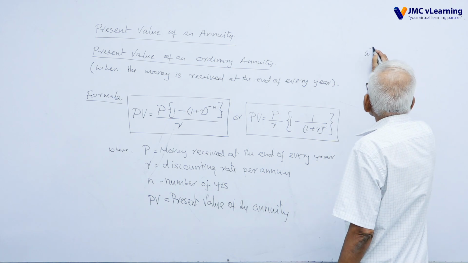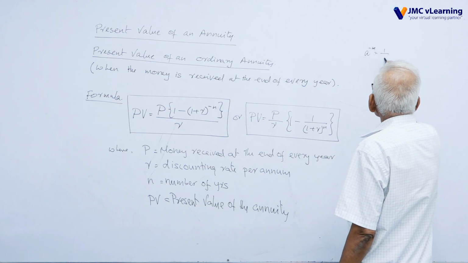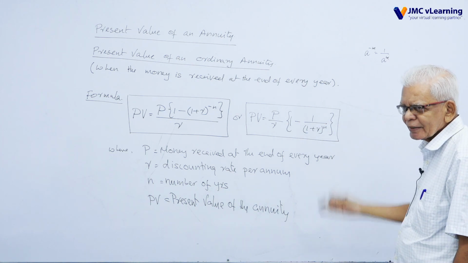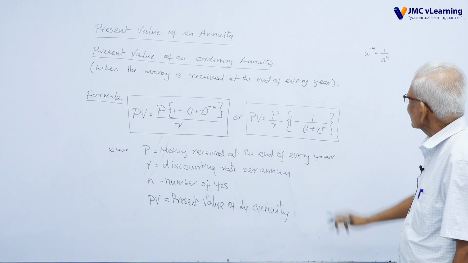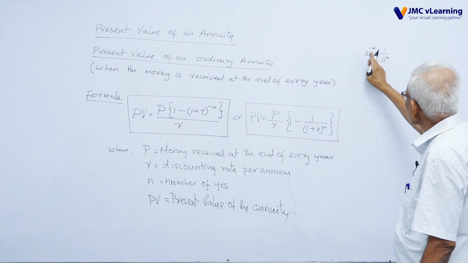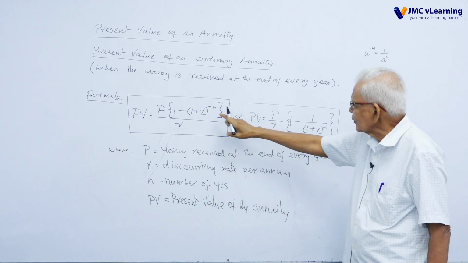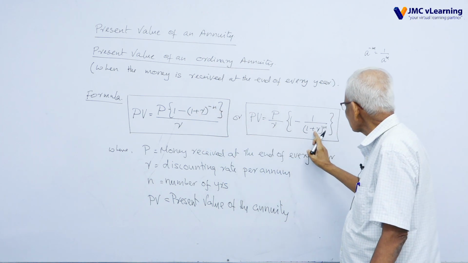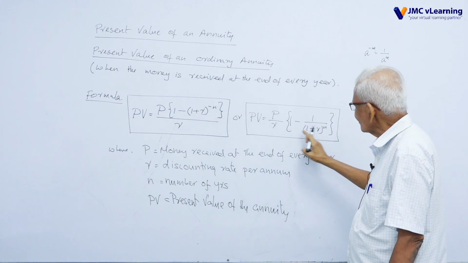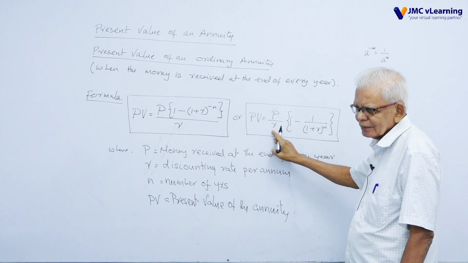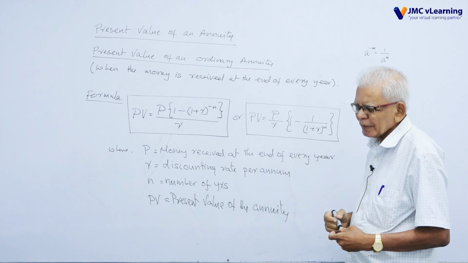A to the power minus m equal 1 over A to the power m. Basic mathematics, grade 10 mathematics. So make it 1 over 1 plus r to the power n, 1 minus that, whole thing divided by r. Same thing actually. Those are mathematics, right?